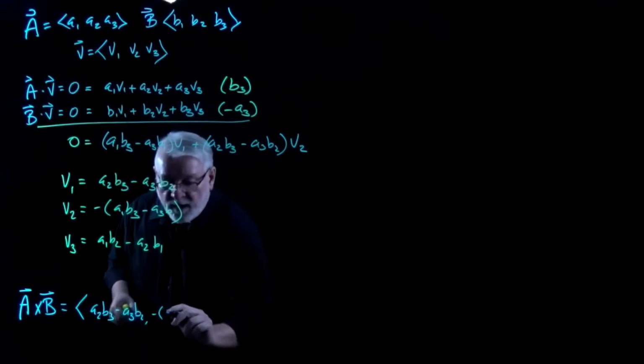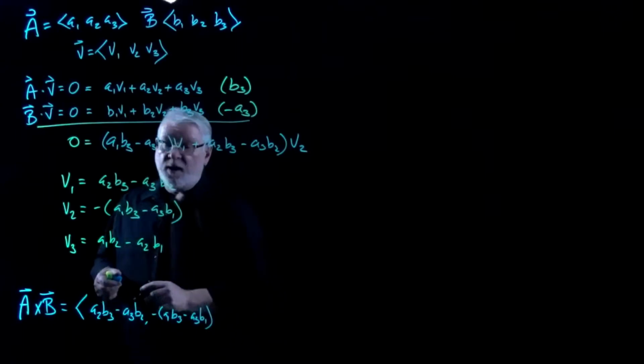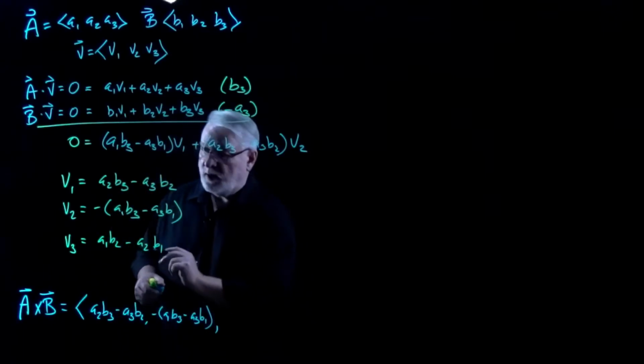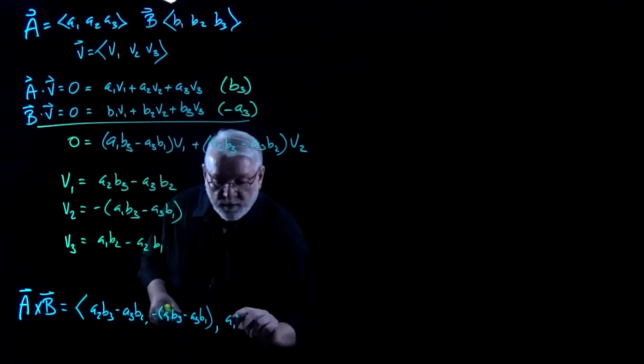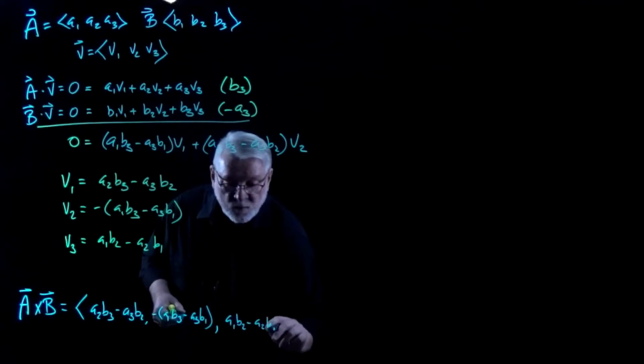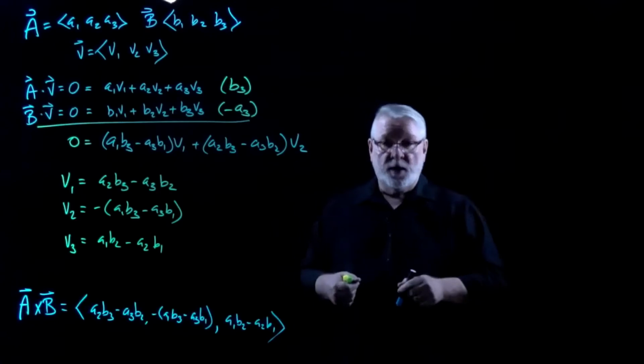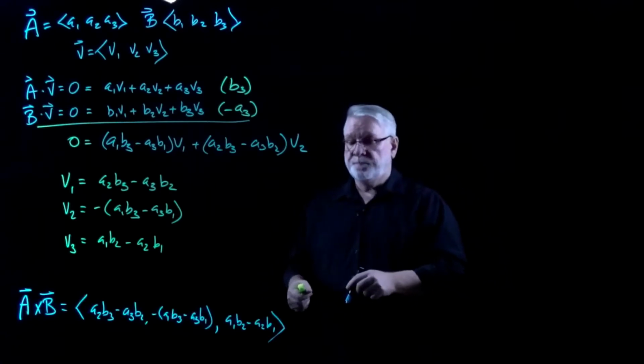Negative A1, B3 minus A3, B1. That will be its y component. And A1, B2 minus A2, B1. That will be its z component. So there it is. There's the cross product between two vectors.